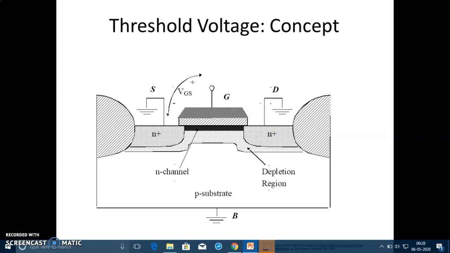Threshold voltage is the voltage at which current occurs, that is, the conduction between source to drain and gate to drain. Here it is like a diode cut-in voltage. Only above the minimum threshold voltage will the transistor conduct. Below that the transistor will not conduct. It is the threshold voltage.